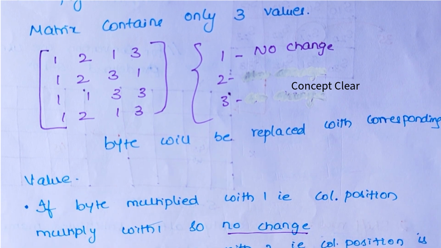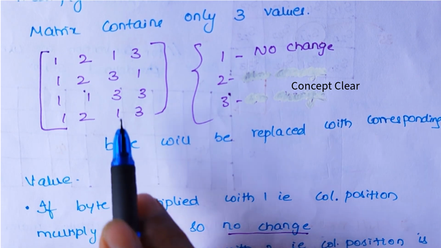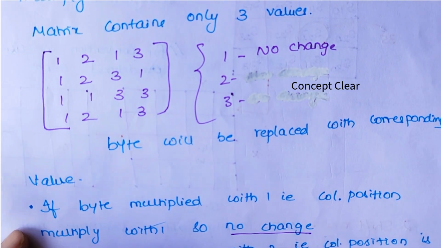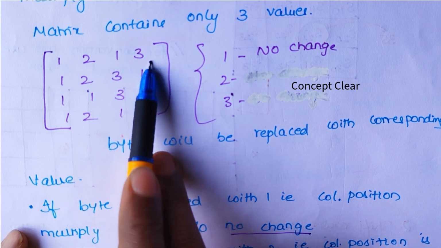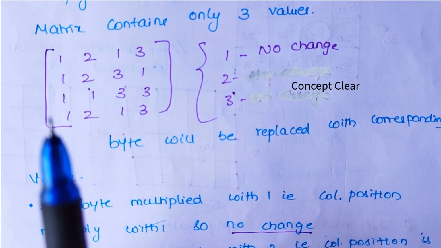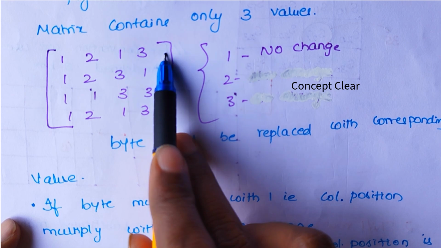If the byte is multiplied with 2, the column position will be shifted left by one value. If you take the first column, there is no change. If you multiply with 2, one value will be shifted by a left circular operation, so it comes around to this side.